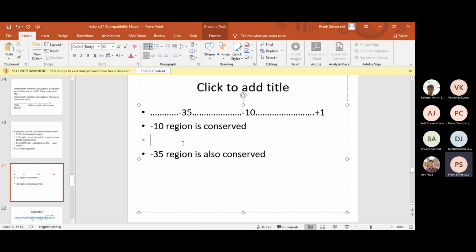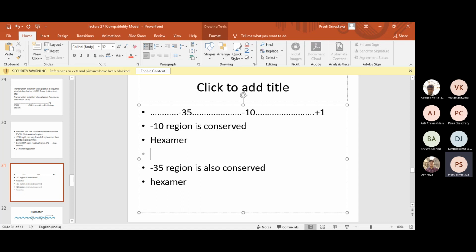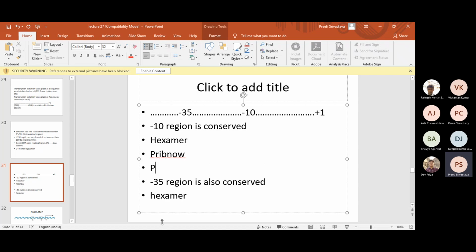The -10 region is conserved, and this region is a hexamer. The -35 region is also conserved, and it is also a hexamer. The -10 region was studied by a scientist called Pribnow, and therefore this sequence is also called the Pribnow box.